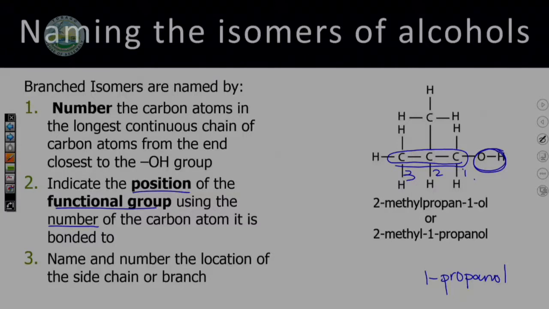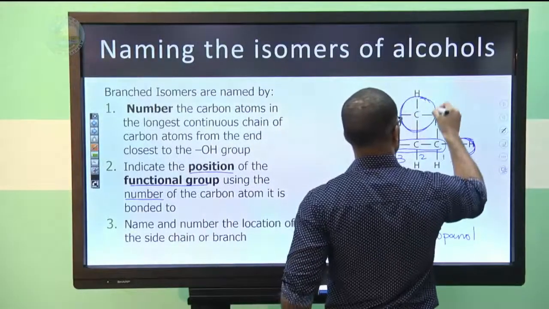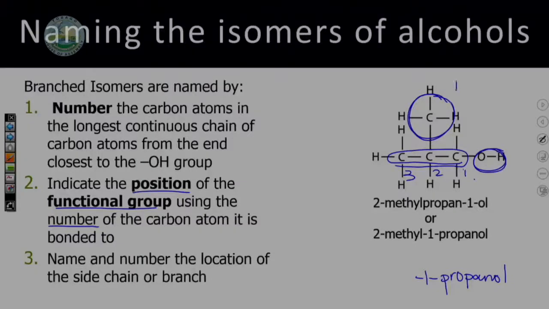And then we are going to add the branch. So the branch is located here. So what we will call this branch, since it has 1 carbon, and we are looking at the rules we have learned before, branches with 1 carbon, we refer to them as being methyl. So since we have methyl, we now name and number the location of the side branch. So it is located on the second carbon.